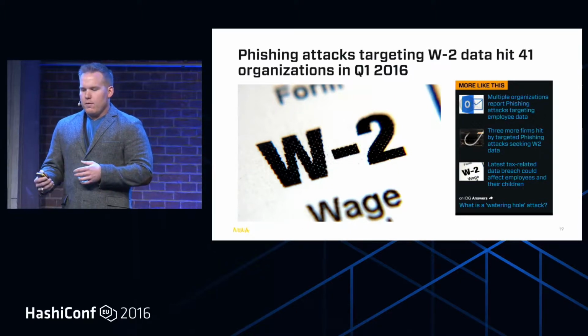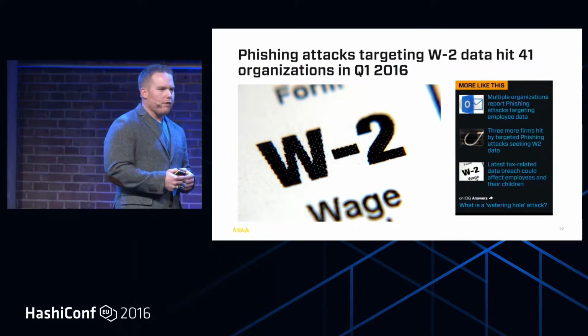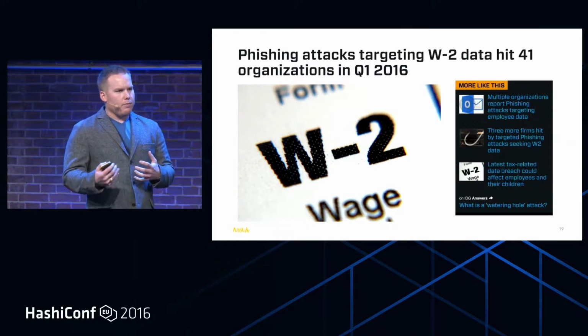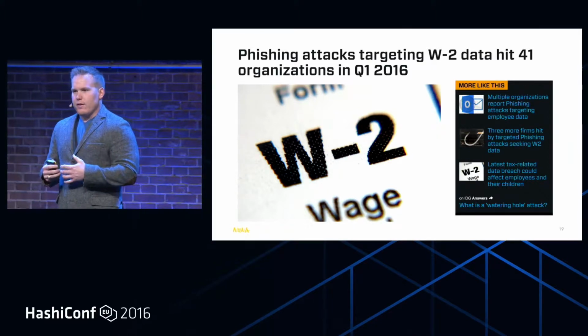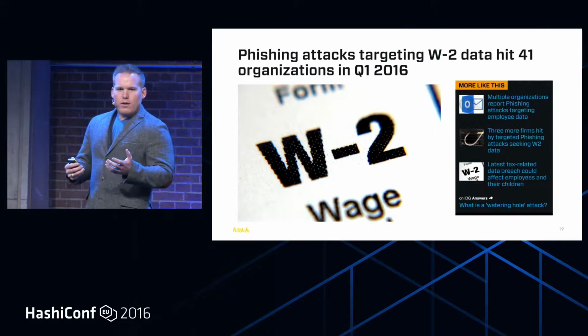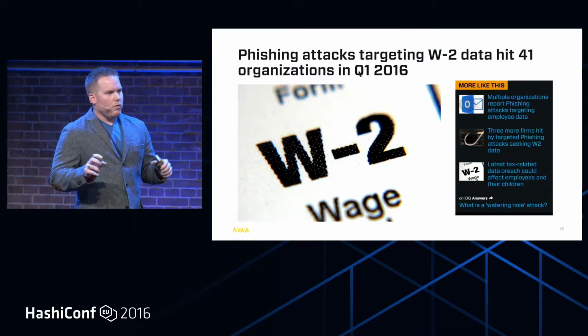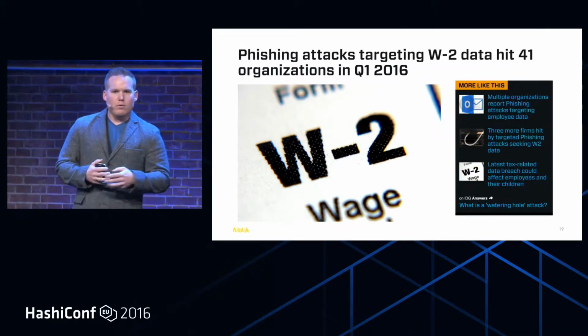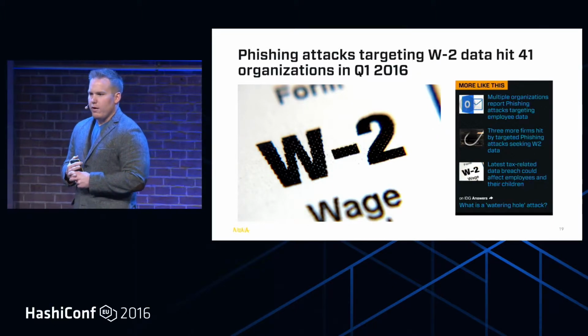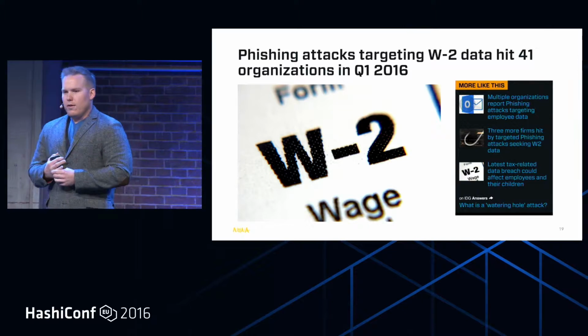More specifically, 41 were hit with a campaign asking for W-2 IRS information. The recent Bay Area company that was exposed to this was Snapchat, where their CEO sent one of the HR people an email saying, please send me all the IRS forms of our current employees. And they did.